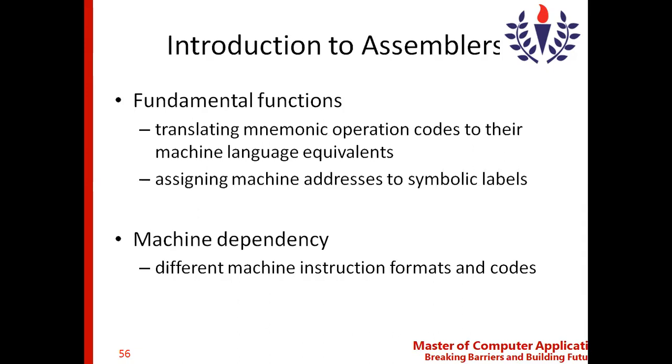One is translating mnemonics to their machine equivalent. Second is assigning machine addresses to symbolic labels. These are the two functions which need to be carried out when the assembler converts the source program into the object program.